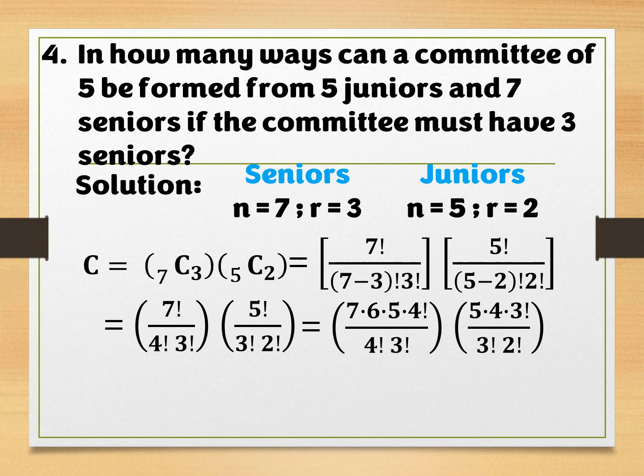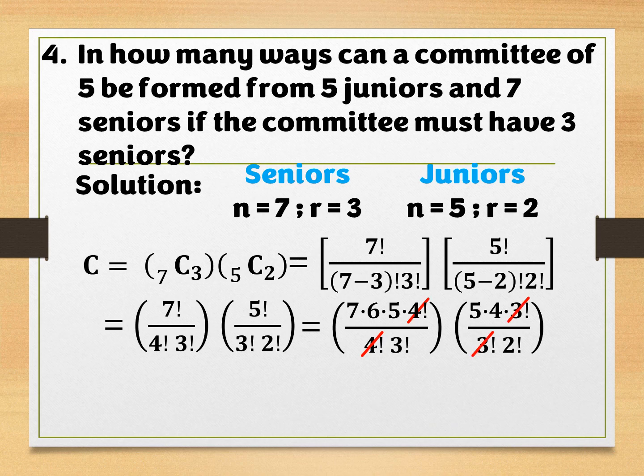So for 7 factorial, that is 7 times 6 times 5 times 4 factorial all over 4 factorial times 3 factorial. And for the other factor, we have 5 factorial is equal to 5 times 4 times 3 factorial. So first is we're going to cancel 4 factorial and 3 factorial.